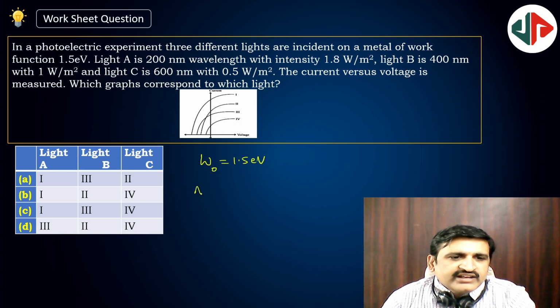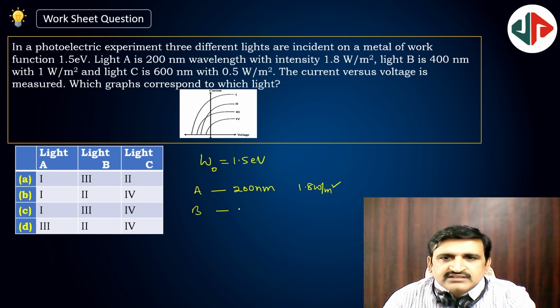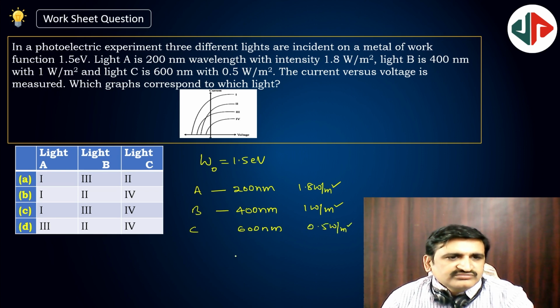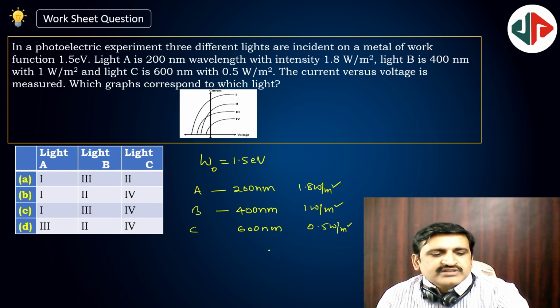Light A has wavelength 200 nanometers and intensity 1.8 watt per meter square, light B is 400 nanometer with 1 watt per meter square, and light C is 600 nanometer with 0.5 watt per meter square. Which graph corresponds to which one?